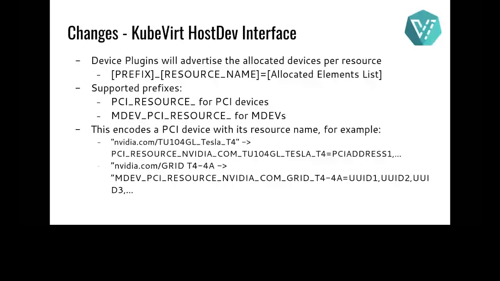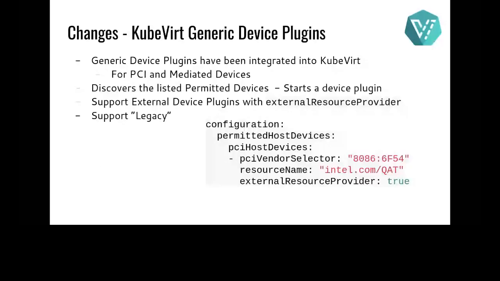We spoke about generalization, and one of the things we've done in that area is introduce 2 generic device plugins into KubeVirt. This basically allows us, without adding any additional code to KubeVirt, to use any properly configured device on the node that was allowed by the administrator in the cluster to be assigned to a virtual machine out of the box, without any additional steps.